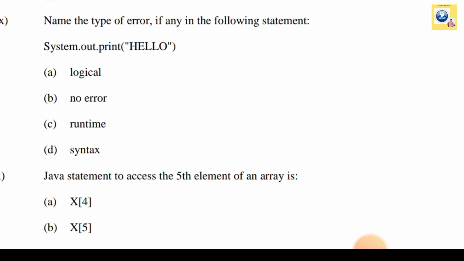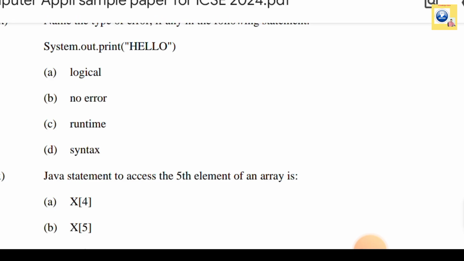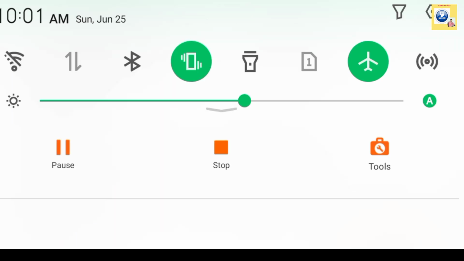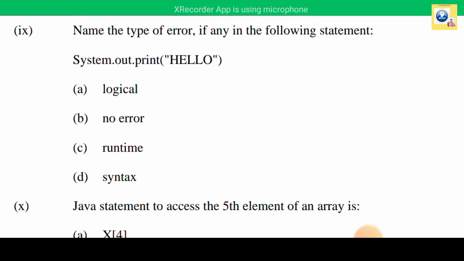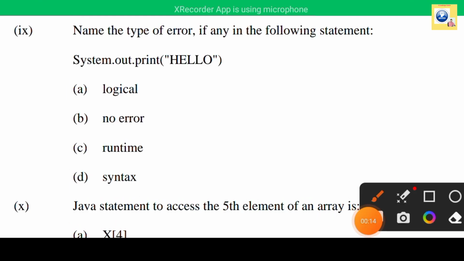Name the type of error, if any, found in the following statement: System.out.print hello. So what error do we find here? The error is that at the end of this statement there should be a semicolon.